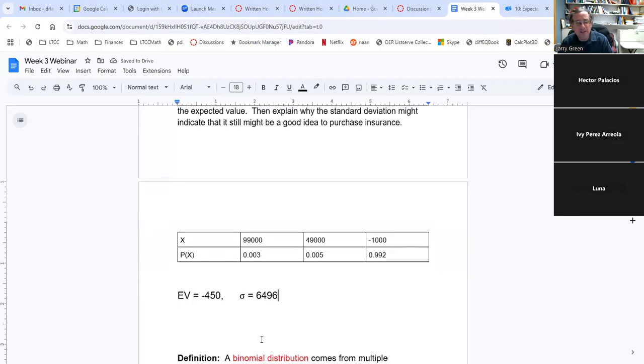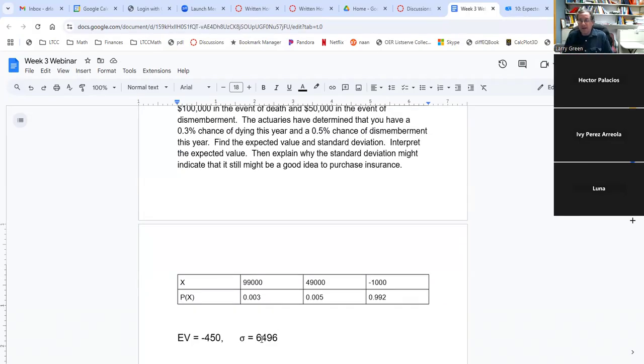Okay, so notice this is a case where, in terms of the purchase, your expected value is negative. By the way, with insurance, why do you think it's always negative? No matter what insurance company you ever go to, whether it's life insurance or car insurance or homeowner insurance, why is it always negative? If you calculate the expected value, it'll always be negative. How come? In the real world now.